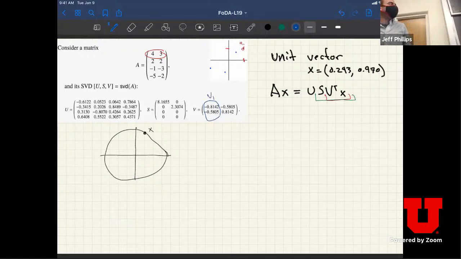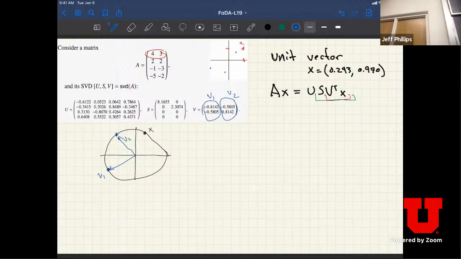The x coordinate is -8, and the y coordinate is -5.8. So V1 is about down here. And V2 is going to be orthogonal to it, with x coordinate about -5.8 and y coordinate about 0.8, so this will be about V2.